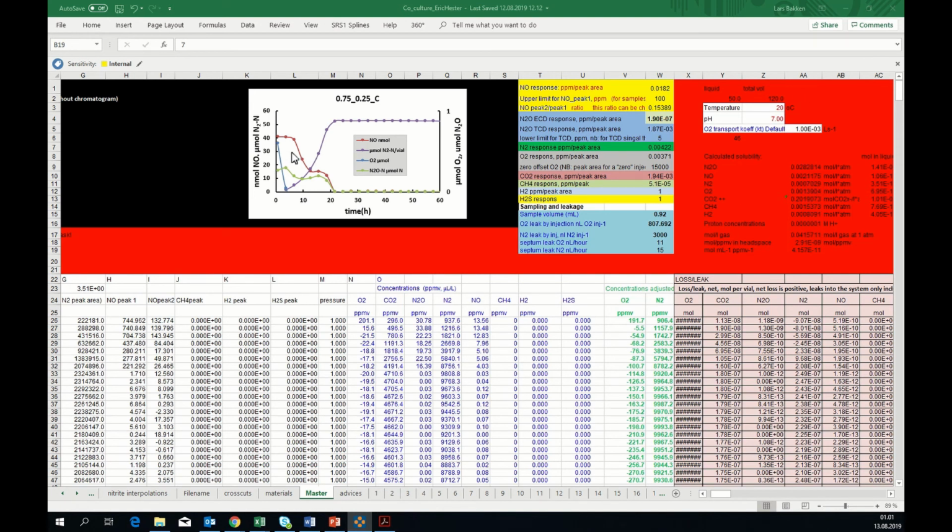If I now assume that I don't run this at 20 degrees, but I run it at 2 degrees, I get completely different solubilities. The solubility of gases increases, and the amount of N2 accumulated is decreasing. This is all because the temperature determines mole volume, and it determines the solubility of the gases.